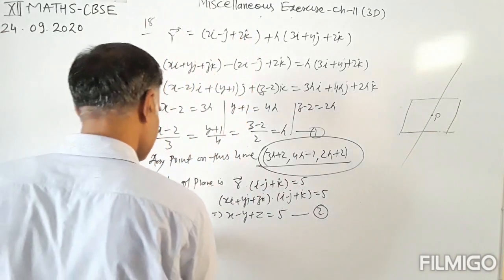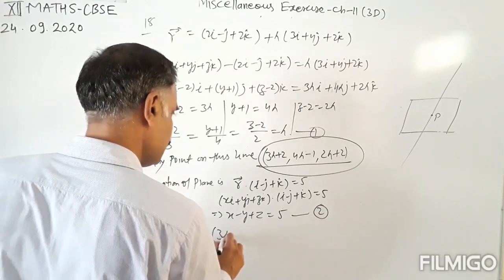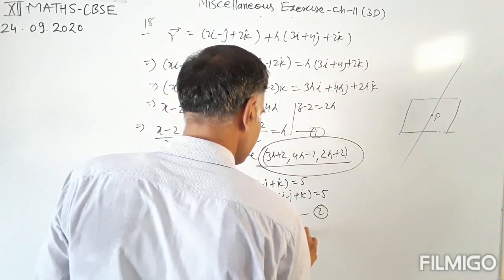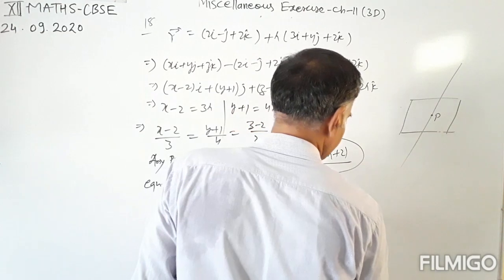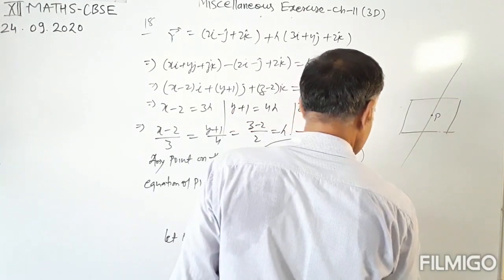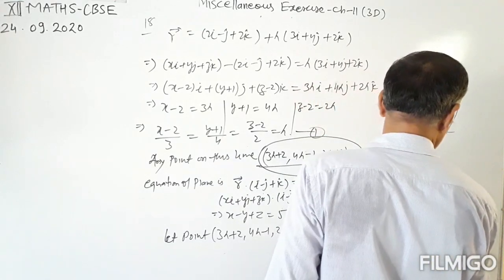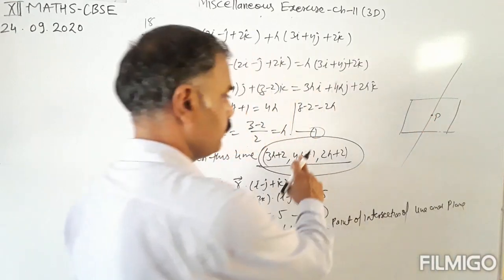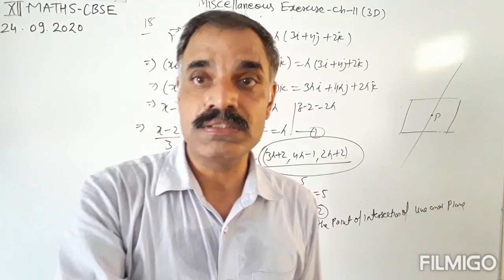Let the point 3 lambda plus 2, 4 lambda minus 1, 2 lambda plus 2 be the point of intersection of line and plane. Okay.